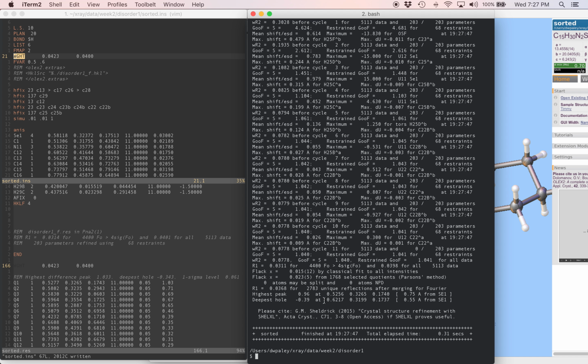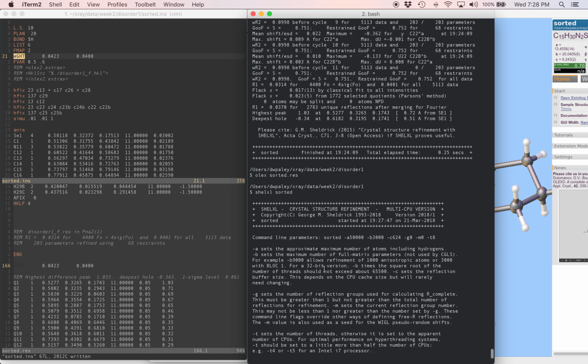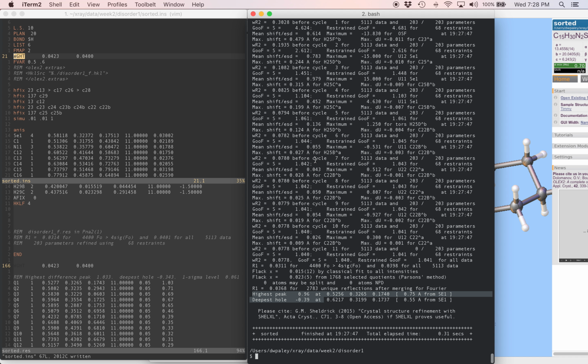When we do that, there's a couple things we can notice. One, the difference map actually got a little bit flatter when I did that. It's common that you'll see the difference between the highest peak and the deepest hole, the pluses and minuses on the map, will equalize a bit when you make the weights more appropriate. I don't know why that happens, but it's a nice thing to look out for.